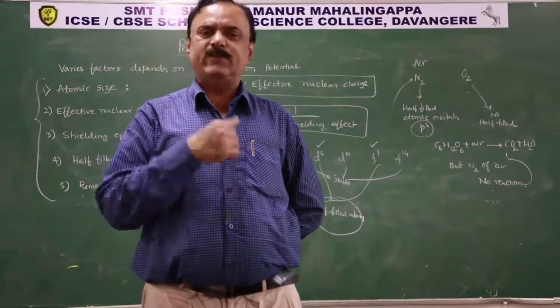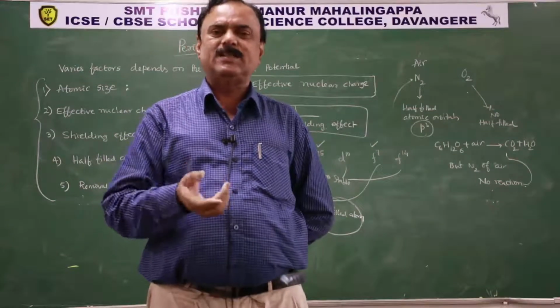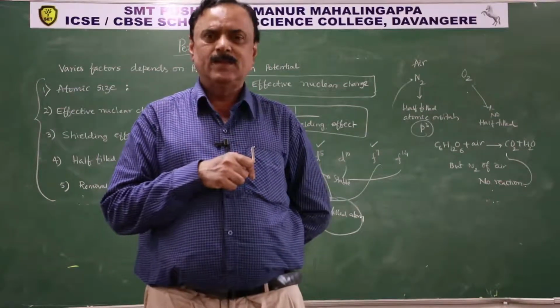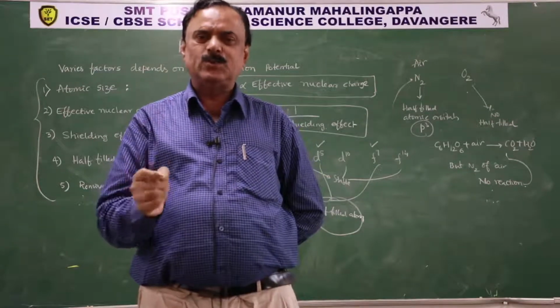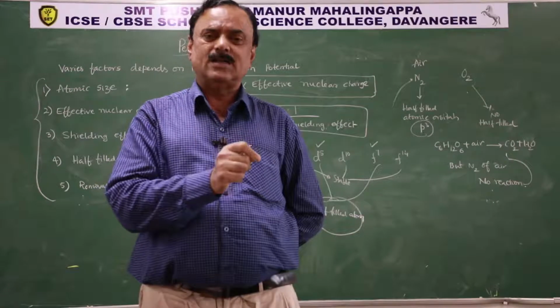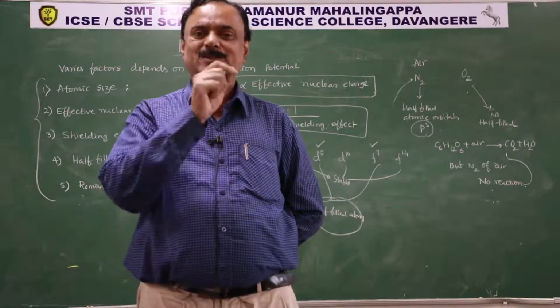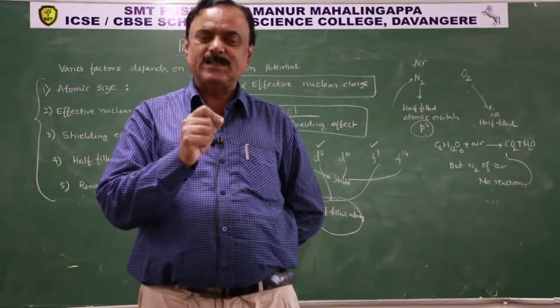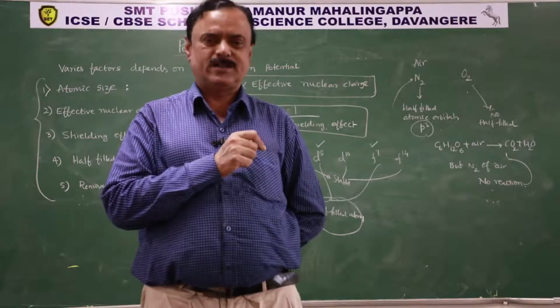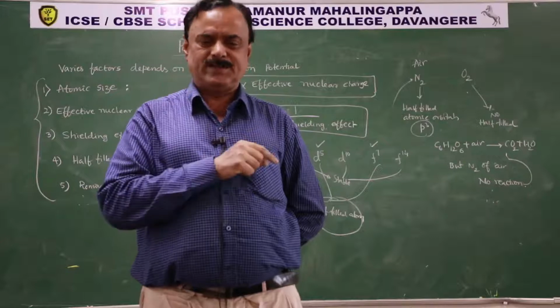When you are inhaling air, this indirectly implies that you are inhaling oxygen and nitrogen. But during the combustion chemical reaction, the glucose reacts with the oxygen part of the air, but not the nitrogen part of the air. Because nitrogen is very stable towards oxidation reaction because of the p3 configuration.